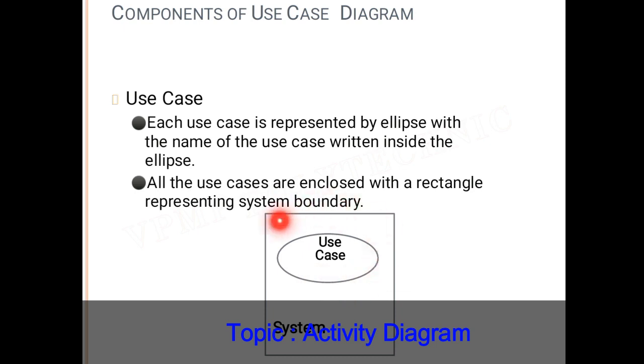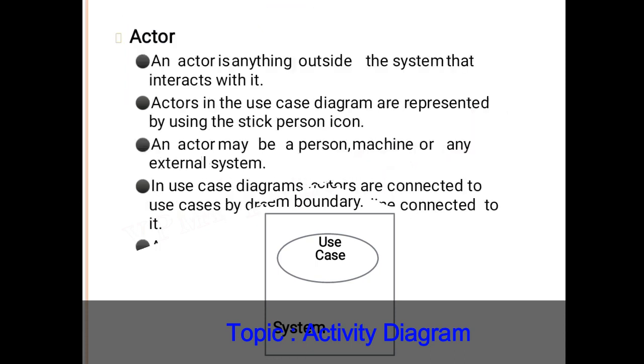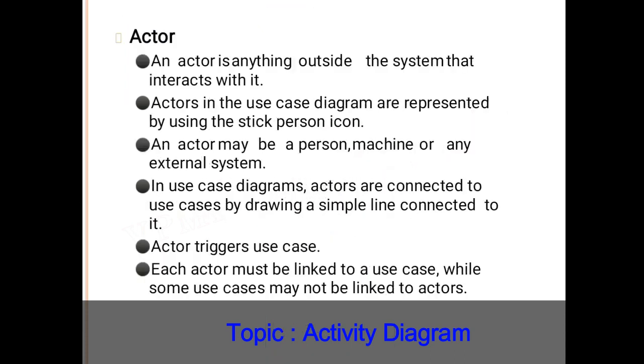This symbol is used for our use cases, and this rectangle is used for the boundary of the system. Each use case is represented by an ellipse, with the name of the use case written inside the ellipse, and all the use cases are enclosed within a rectangle that represents the system boundary. Next, these are all the symbols used in a use case diagram with their descriptions.